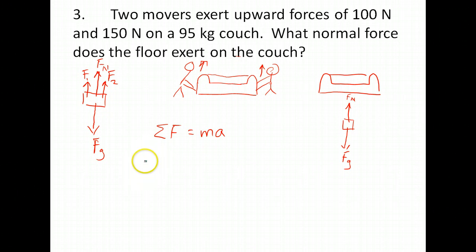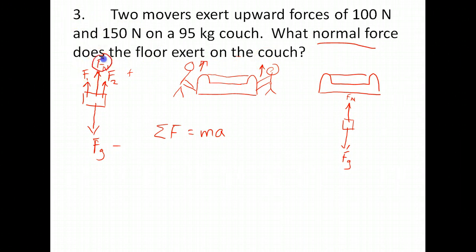All right, so again, we need to use the sum of all forces equals the mass times acceleration of the couch. So we're going to have some positive forces here. Let's say upward is positive and downward is negative. I'm doing that because we're trying to solve for normal force, so I want to make this force positive.